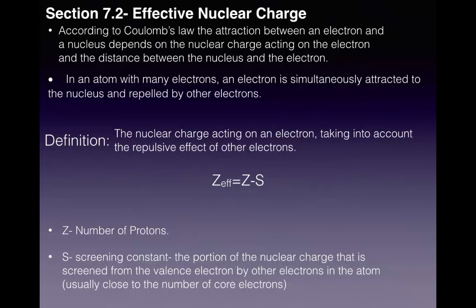Core electrons decrease the attraction valence electrons have for the nucleus. And so as a result, we had to come up with this effective nuclear charge in order to get a better estimate of how attracted electrons are for the nucleus, because if we assume that electrons have no effect, that's not an accurate gauge of the attraction of valence electrons for the nucleus.